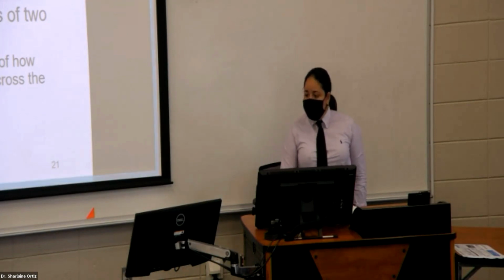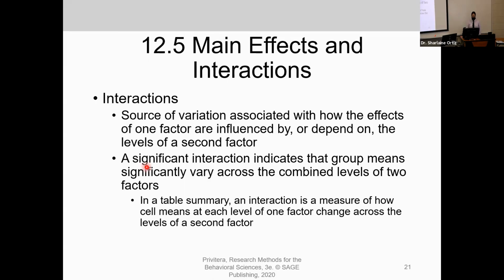So if we revert back to your slide, notice that in this specific case, the variation is going to be influenced based on the one factor, because it depends upon other levels of the other factor.